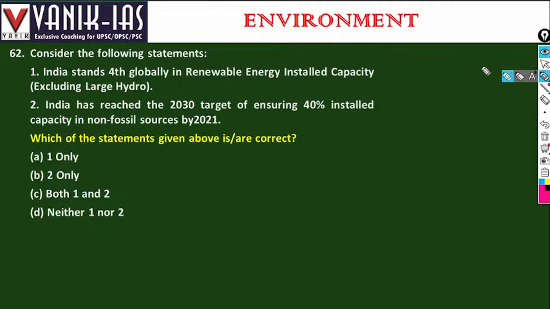Consider the following statements. India stands fourth globally in renewable energy installed capacity, excluding large hydro. India has reached the 2030 target of ensuring 40% installed capacity of non-fossil sources by 2021. Which of the following statements are correct?